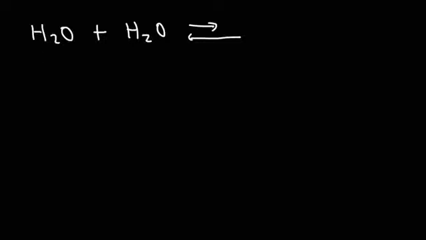One of the water molecules will act as the Bronsted-Lowry acid, and the other one will act as a base. Now, if this acts as an acid, it's going to lose a proton, so it's going to turn into the conjugate base, hydroxide. If this acts as a base, it's going to acquire a proton, turning into the conjugate acid, hydronium ion.